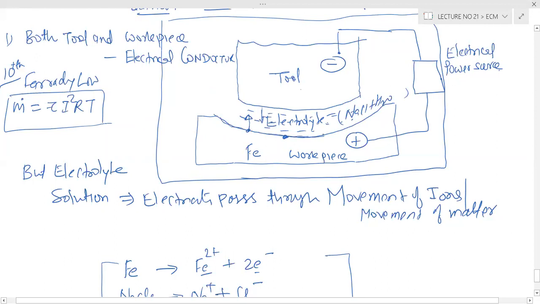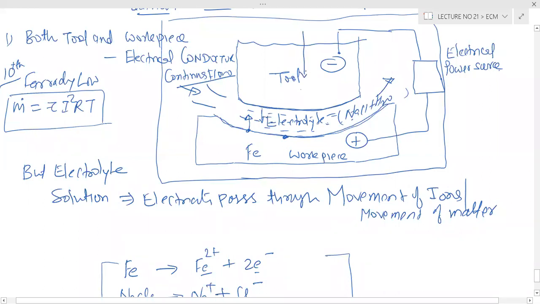These ions will go into the electrolyte, and the electrolyte will flow continuously through a separate circuit.